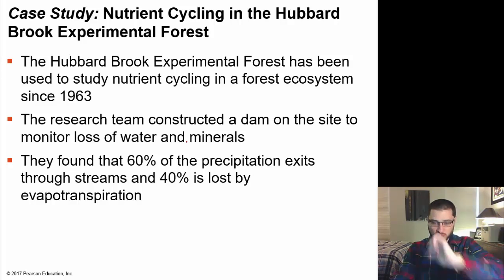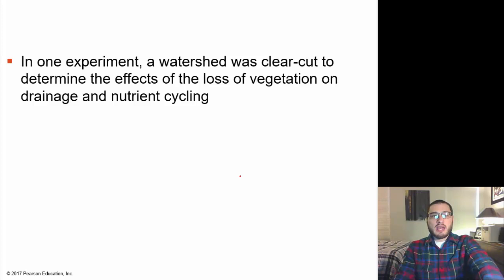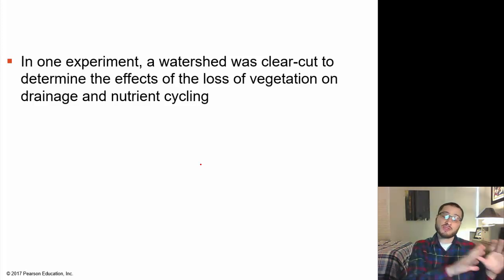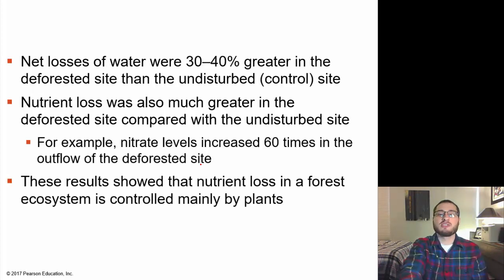So you see kind of the difference in where we see the amount of precipitation. And in one experiment, a watershed was clear cut to determine the effects of the loss of vegetation on drainage and nutrient cycling. So this is where we get to look at, what's the difference between what happens when we are going to leave something alone or when we're going to wipe out everything and try to plant crops in that area.